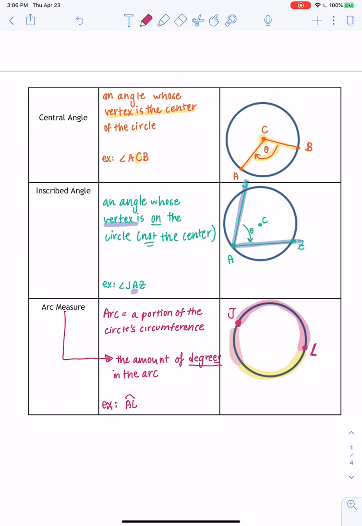And we can think about this because the total degrees in a circle is 360. So the measure of arc AL, if that's half the circle, could be 180 degrees. So we'd say 180 degrees right here.